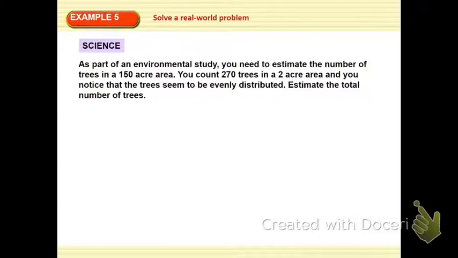All right, I'll give you a clue. You set up a proportion. So would you have to divide 150 by 2? No. You divide 270 by 2 to get the number of trees in 1 acre, then multiply 150 by that number.